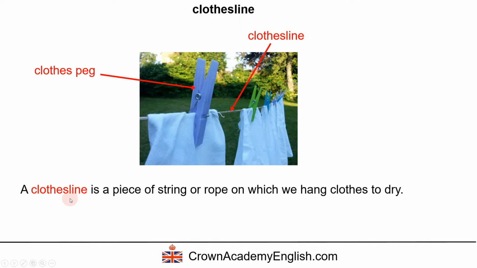So a clothesline is a piece of string or rope on which we hang clothes to dry. So we hang clothes on the clothesline. We attach the clothes with a clothes peg, and then the clothes will dry.